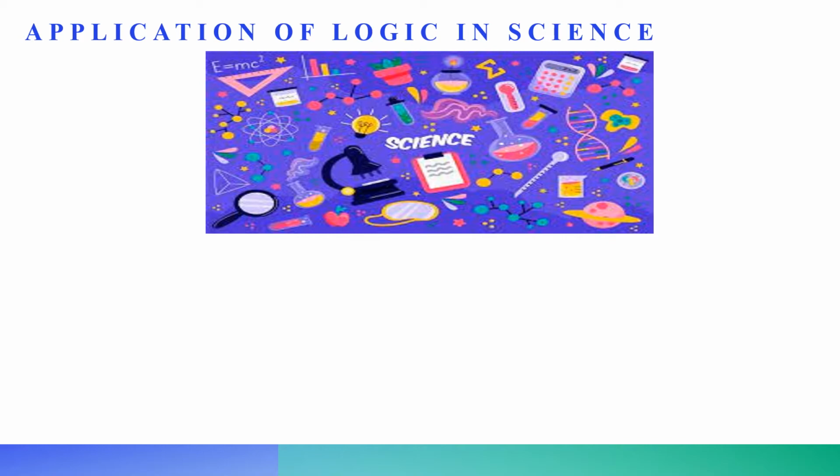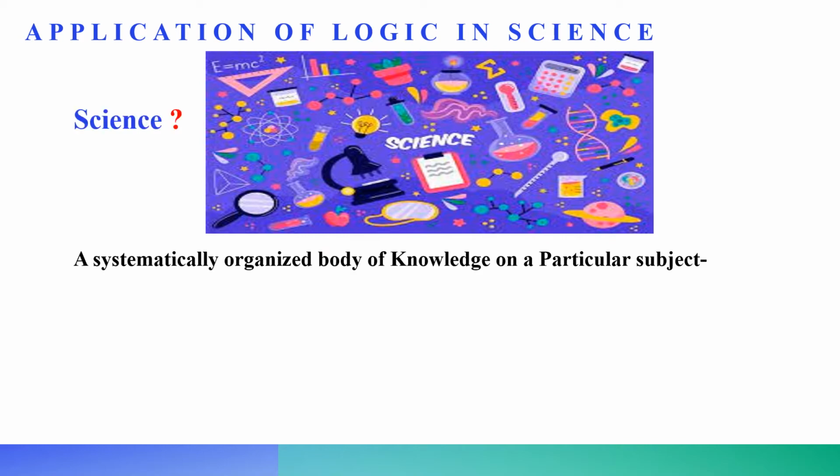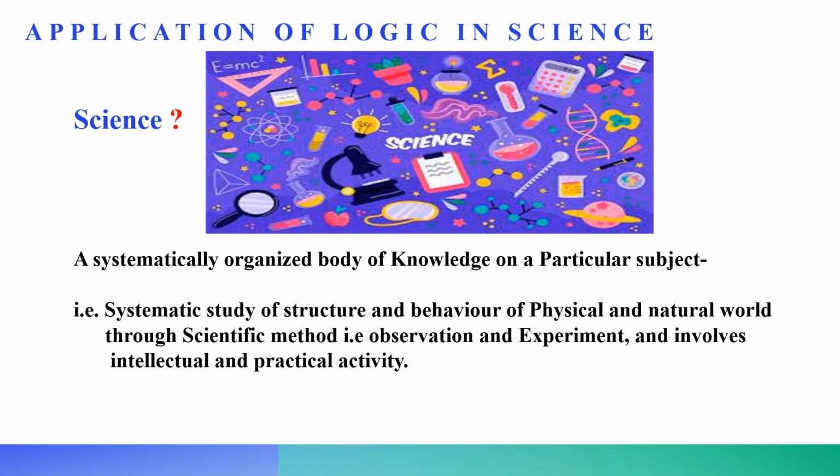Now let us see what is science. Science is a systematically organized body of knowledge on a particular subject. That is, science is a systematic study of structure and behavior of physical and natural world through scientific method, that is observation and experiment, and involves intellectual and practical activity.